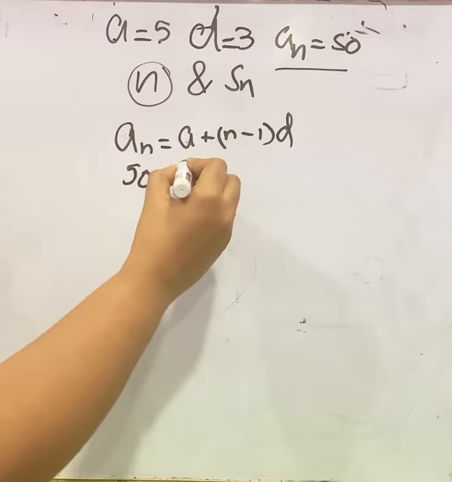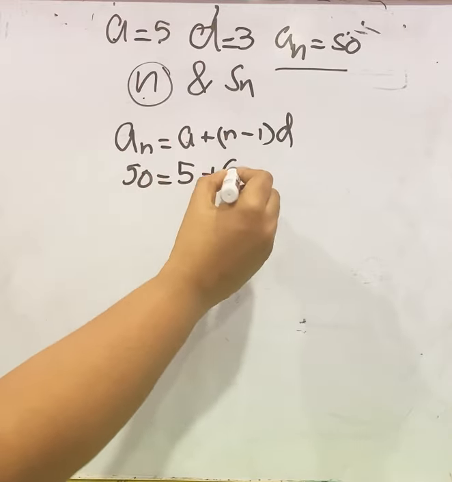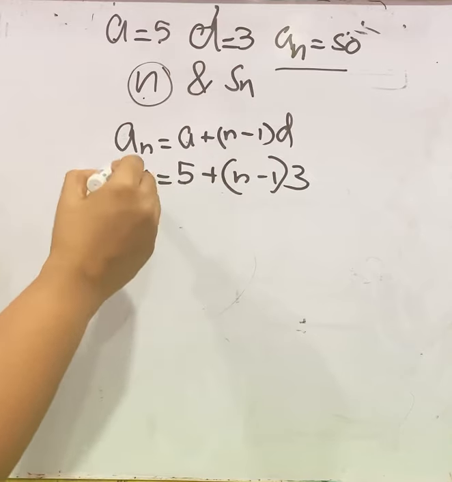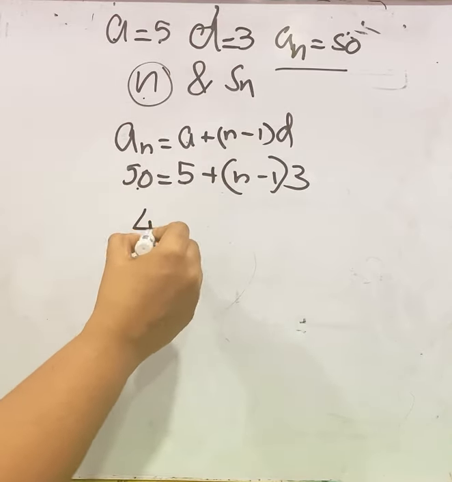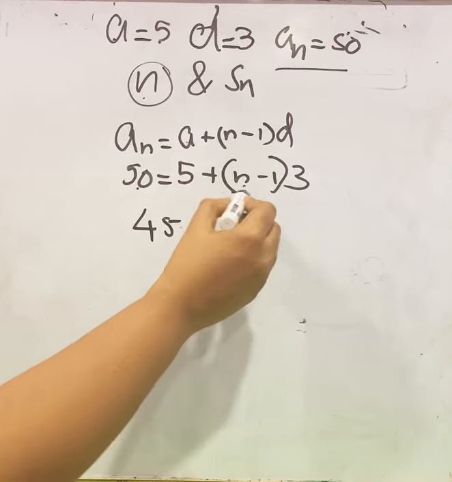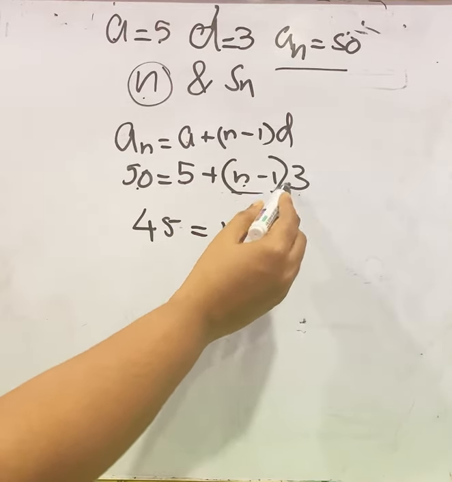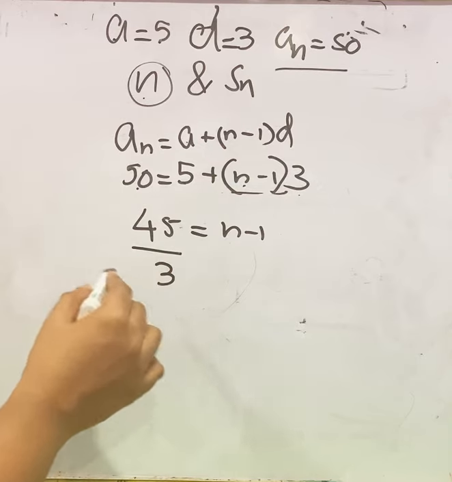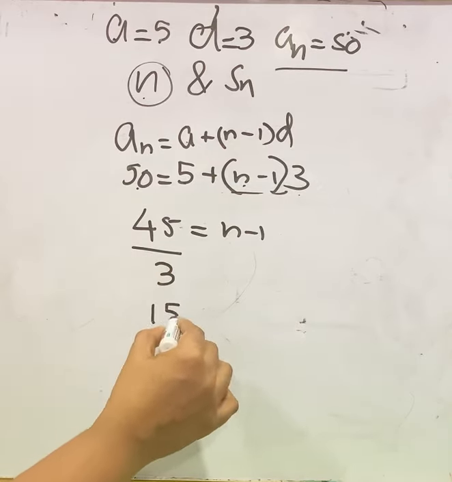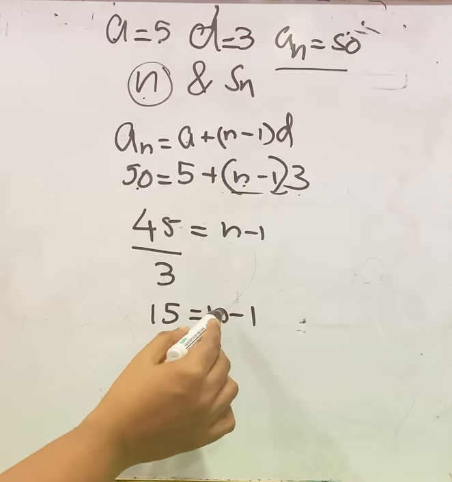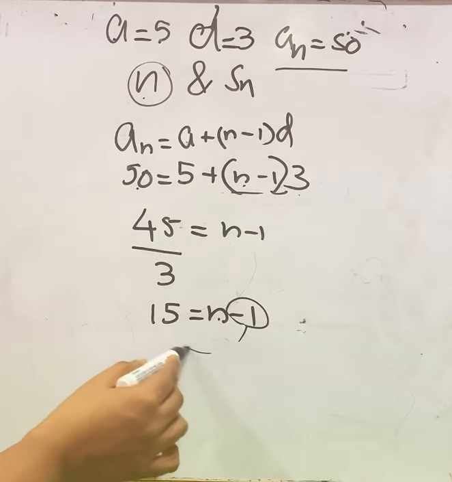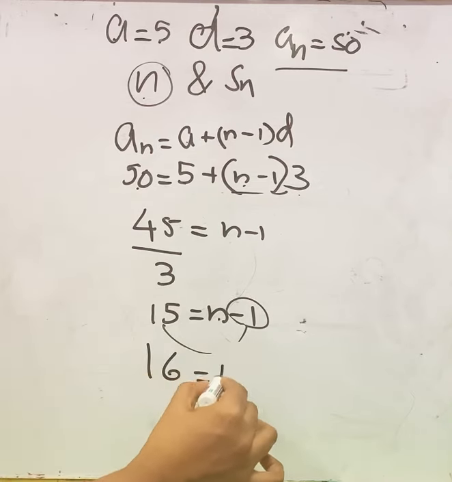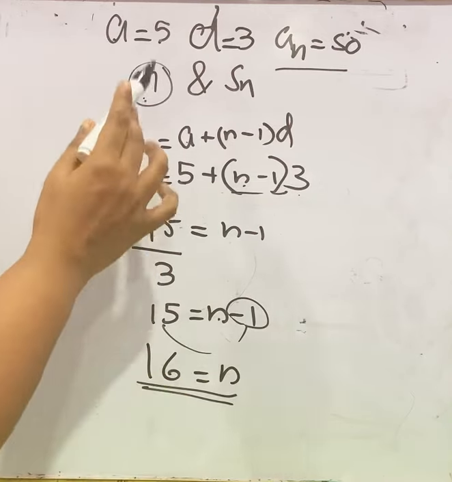So 50 equals 5 plus (n minus 1) into 3. Taking 5 to the side, 50 minus 5 is 45, equal to (n minus 1) into 3. The 3 goes to the denominator: 45 divided by 3 is 15, equal to n minus 1. Taking minus 1 to the side, it becomes 15 plus 1, so 16 equals n. The value of n is 16.